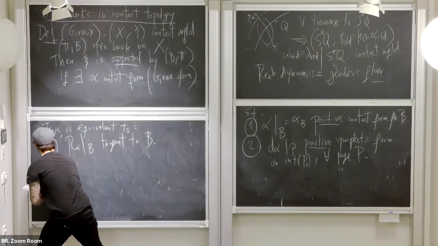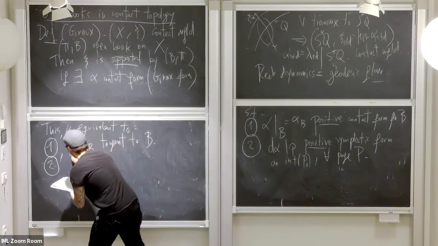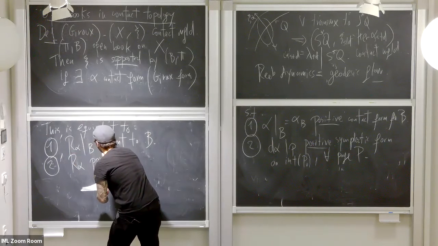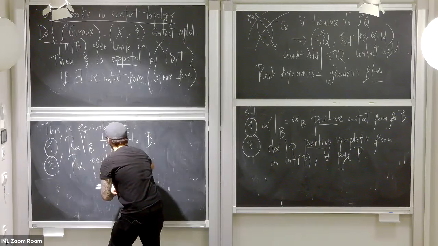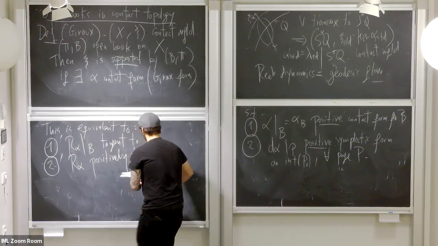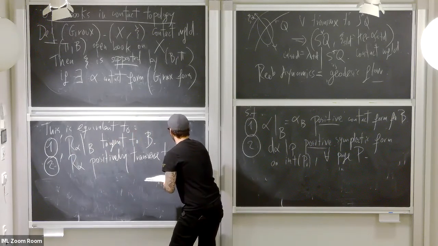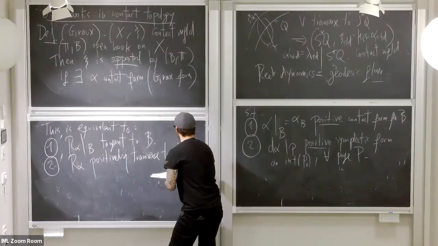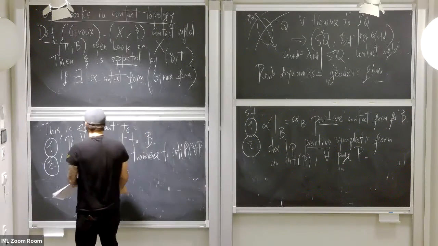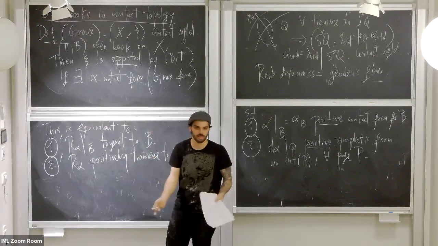And the second condition is that the Reeb vector field is positively transverse to the interior of each page. In other words, the Reeb dynamics of alpha is adapted to the open book.